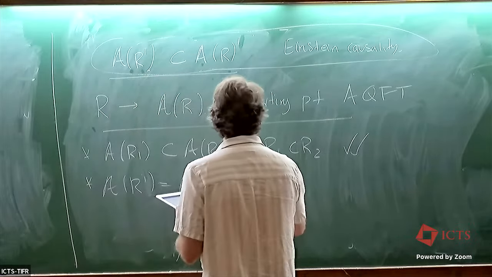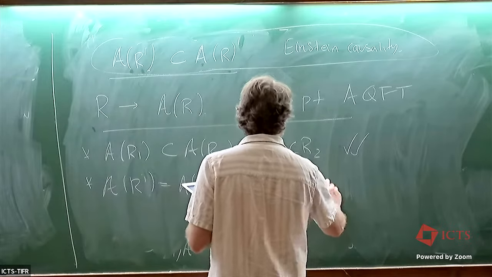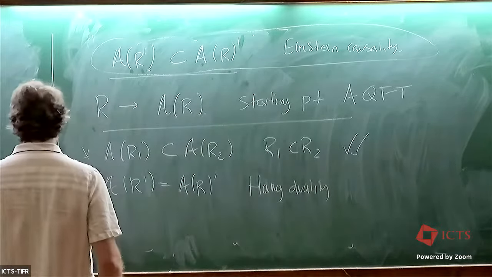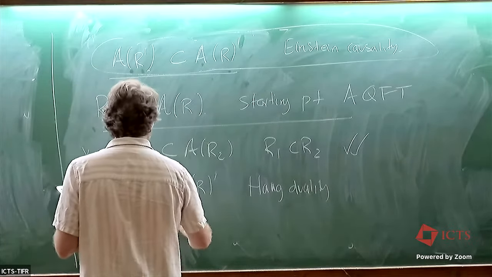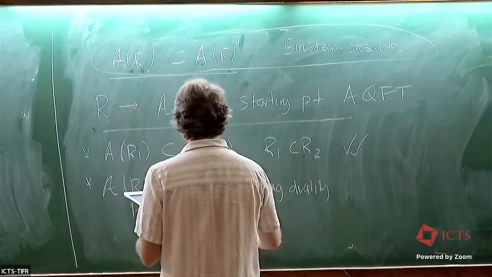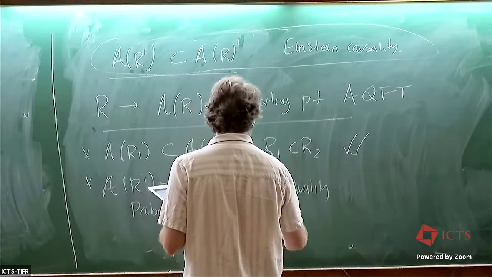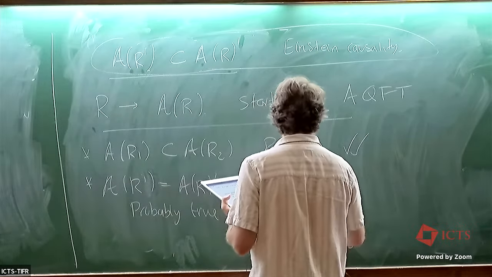This is called Haag duality. At least visually, it seems reasonable, and it's probably true. There's some uncertainty in all of these axioms, but it's probably true for connected regions. That seems to be my impression, at least.